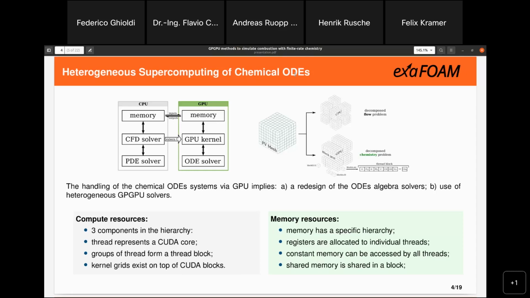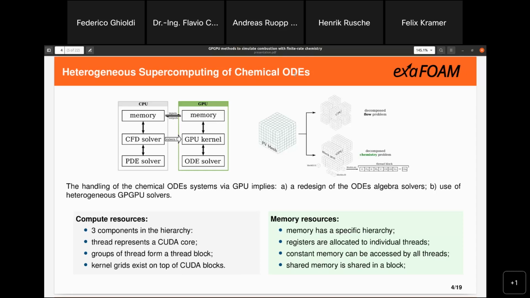We can store in this chunk of memory, which is not that large, only the information which is constant throughout the simulation. There are a lot, of course. For example, the molecular weights, all the constants for the ODE method that you are going to use, the indexing, and the stoichiometric coefficients for the chemical reactions that you have.